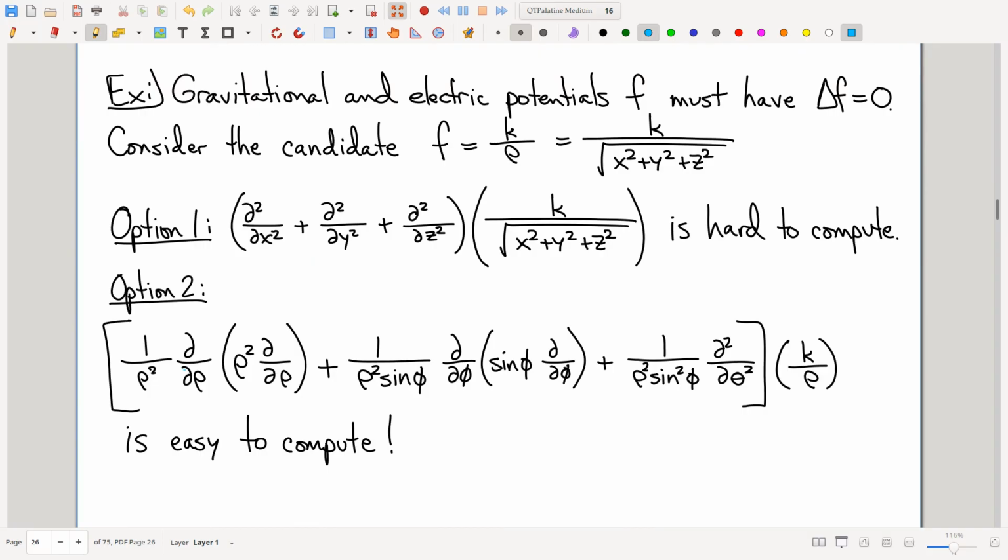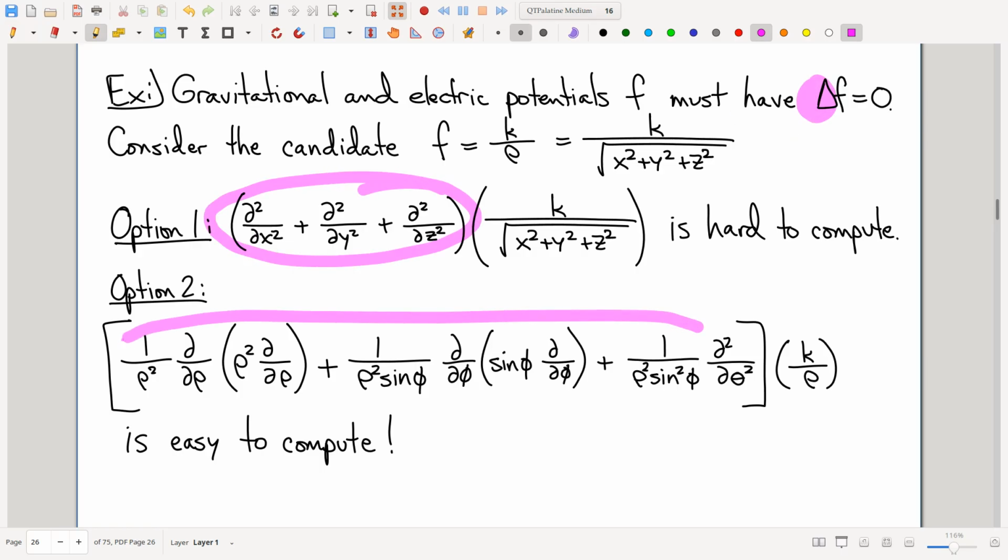If you ever study electric potentials, again, mostly engineers, electric potentials have to satisfy, under certain appropriate conditions, this equation. That is the Laplacian from the previous page, which again, you could do in either rectangular or spherical.